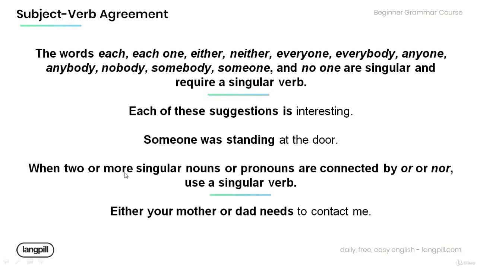Also note that when two or more singular nouns or pronouns are connected by or or nor, make sure to use a singular verb. Have a look at the example below. Either your mother or dad needs to contact me.